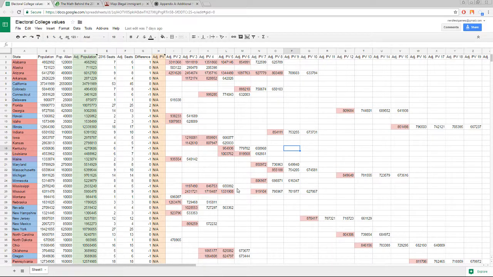And I think some reform we need is to get the illegal immigrants out of the total population, and we also need to tie the electors to the popular vote of each state, so they have to vote for the popular vote.